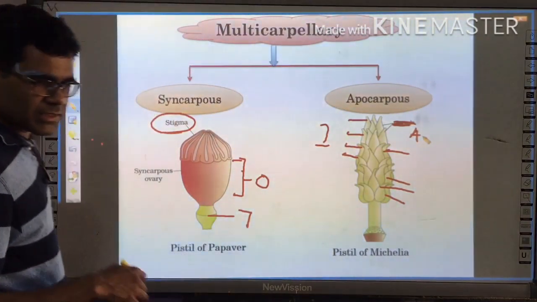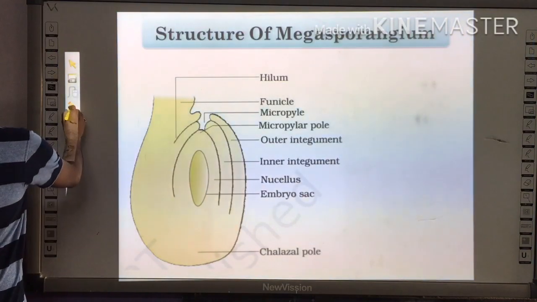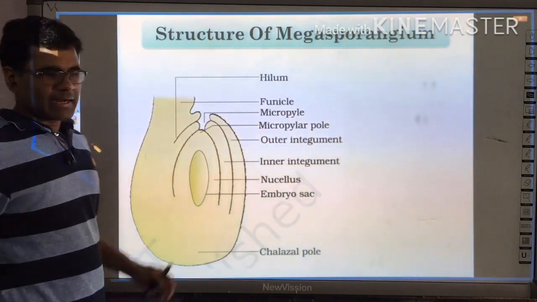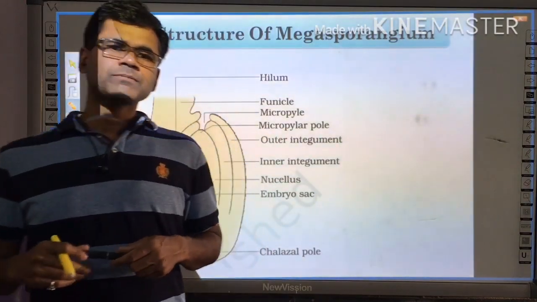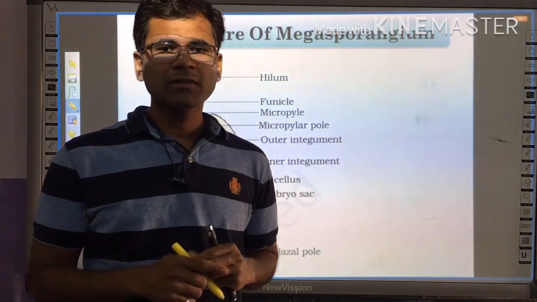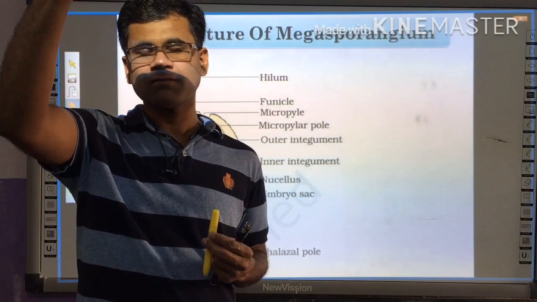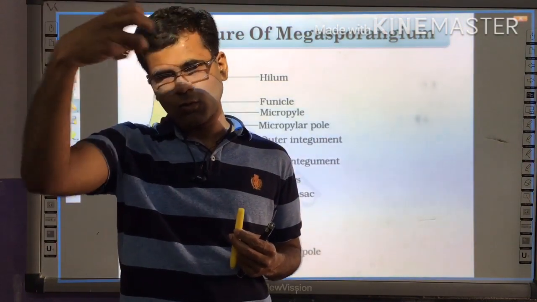Now, next, one very important structure is the structure of the ovary. If you talk from top to bottom, the ovary is the third part. First is the stigma, then followed by the style, and then the last one is the ovary.